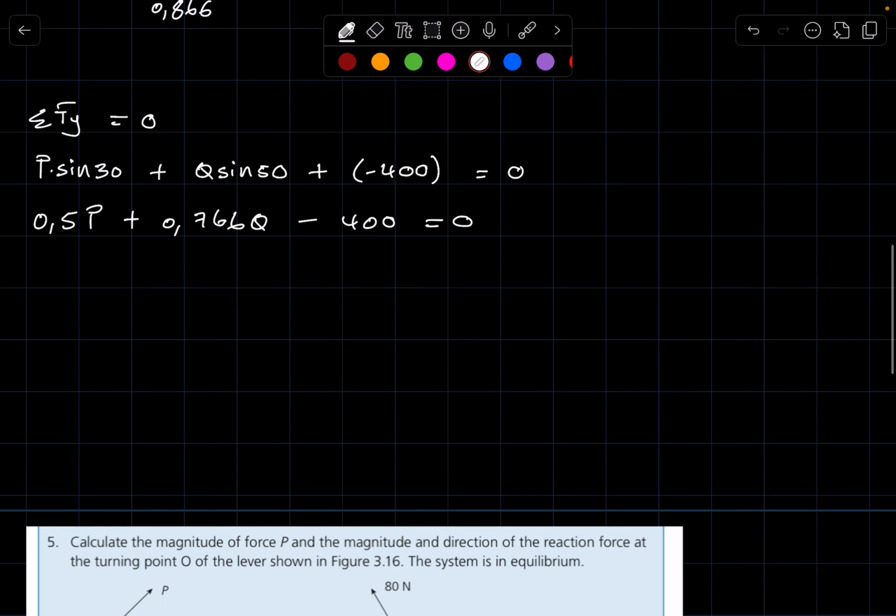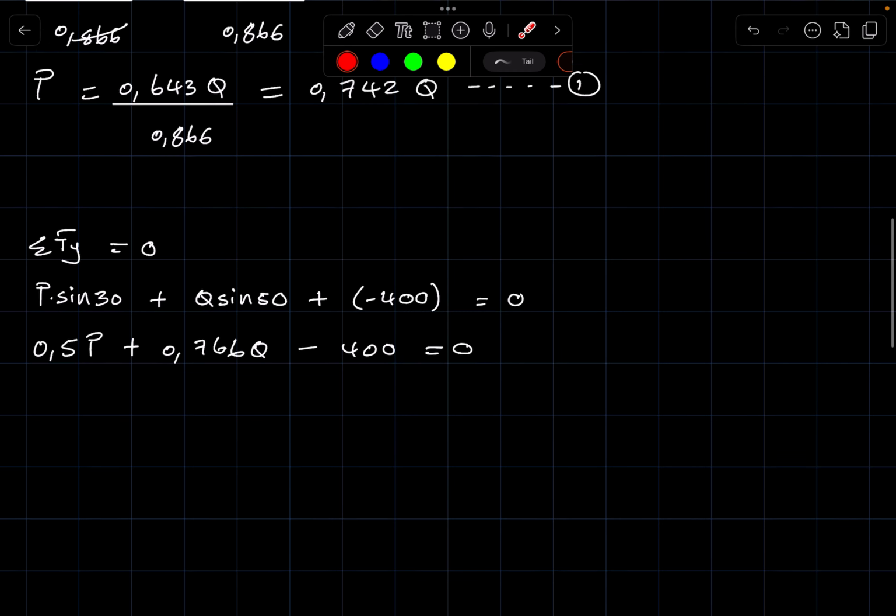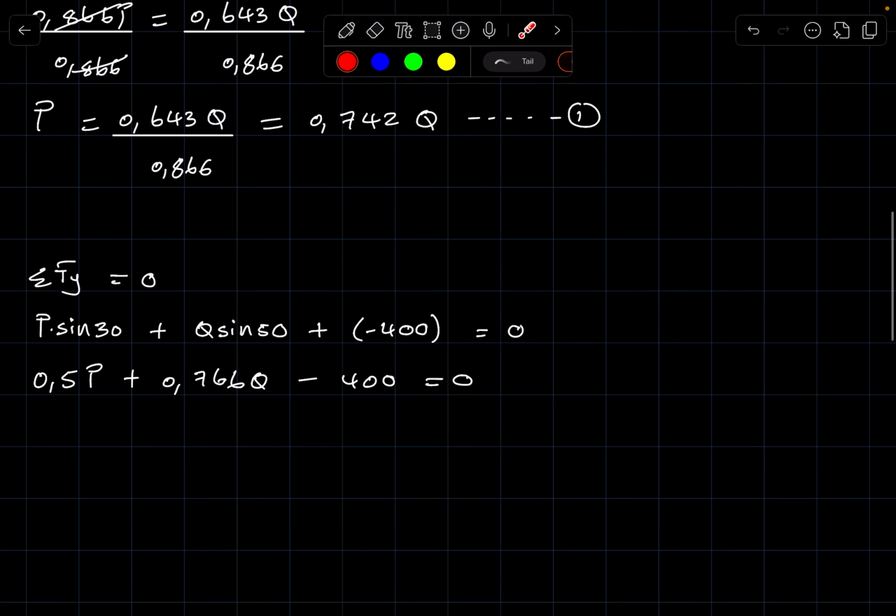So essentially this becomes the second equation. So we have two unknowns, and now we have two equations. Now we're going to solve them simultaneously by substituting the first one into the second one.